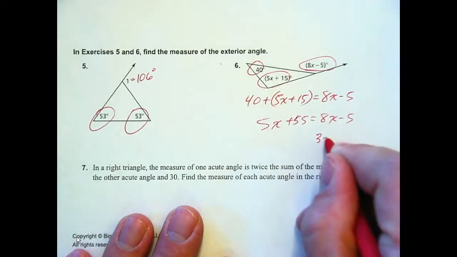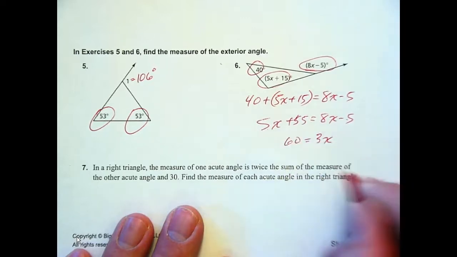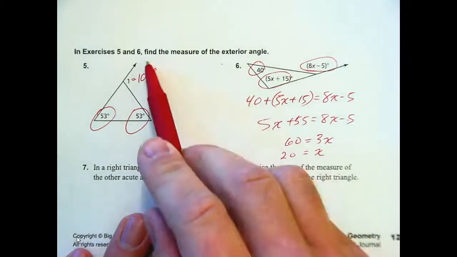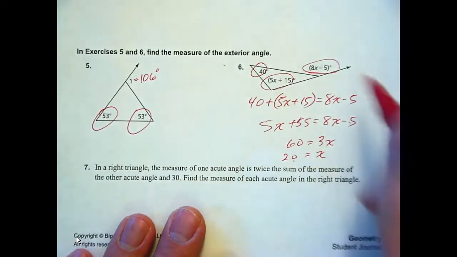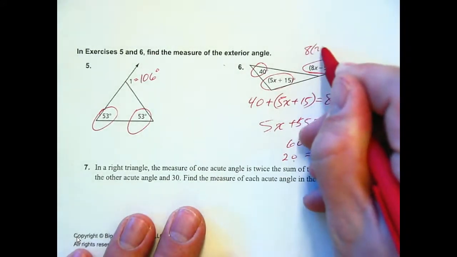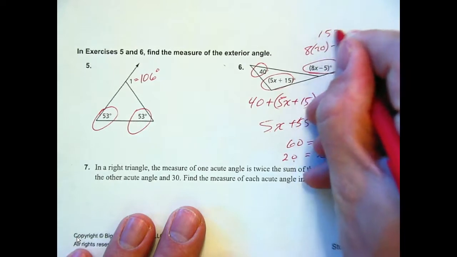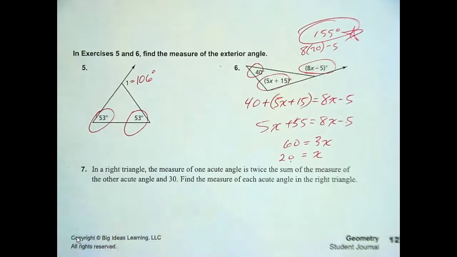I'll move this 5 over, that gives me 60. So x equals 20. And it says find the measure of the angle, so I know x is 20. Don't stop there. 8 times 20 minus 5, or 160 minus 5, or 155. That is our solution. Any questions there?